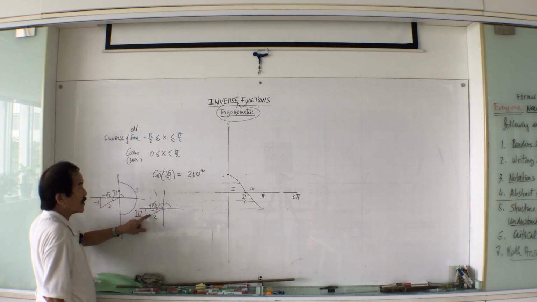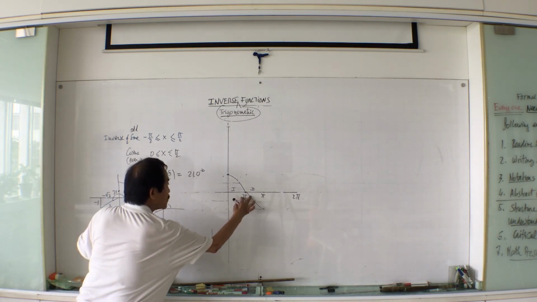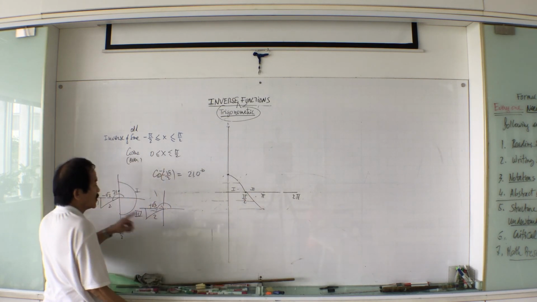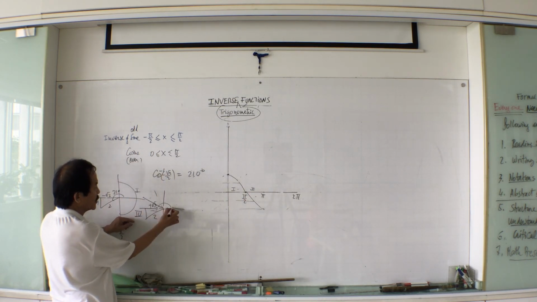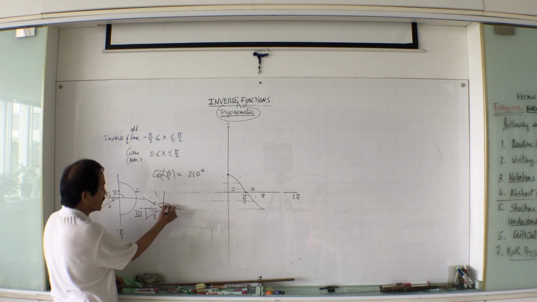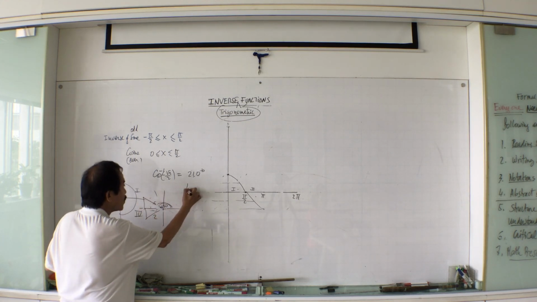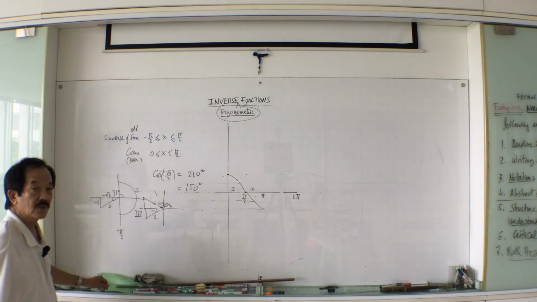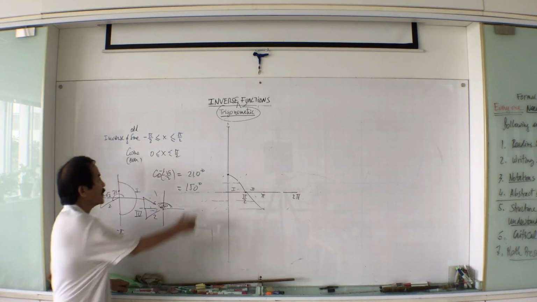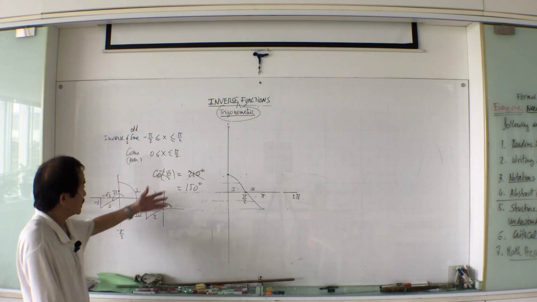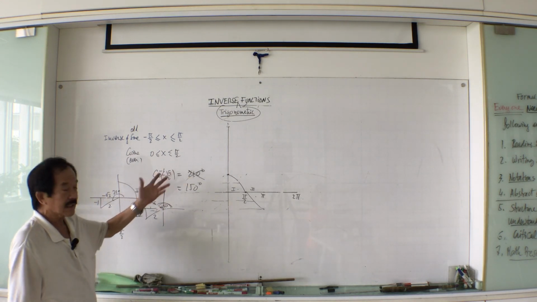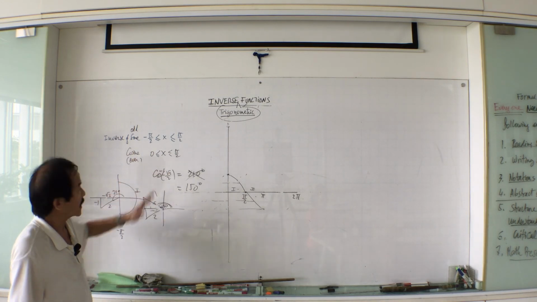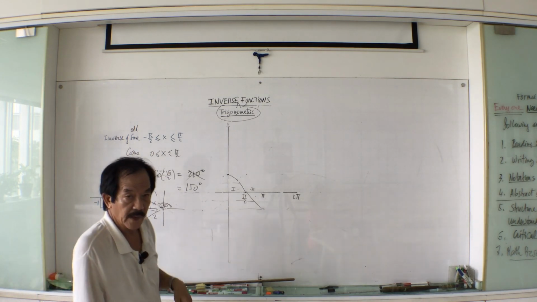However, this one is also in quadrant 3, but we do know the inverse function has to be in quadrant 1 and quadrant 2, right? So therefore you have to choose this one here. You choose 150 degrees. Cosine of 150 degrees also equals negative root 3 over 2. Okay, therefore this one here, even though it is mathematically correct, is not correct conceptually because it is outside of the domain.